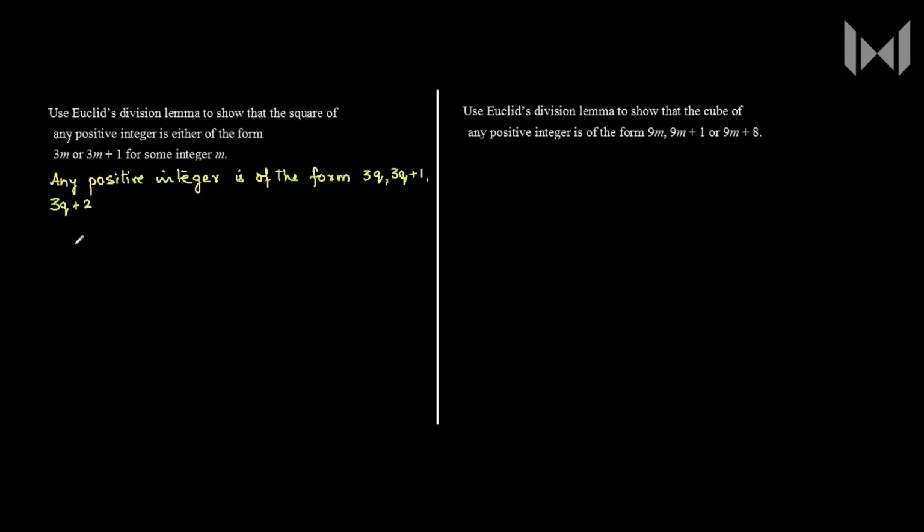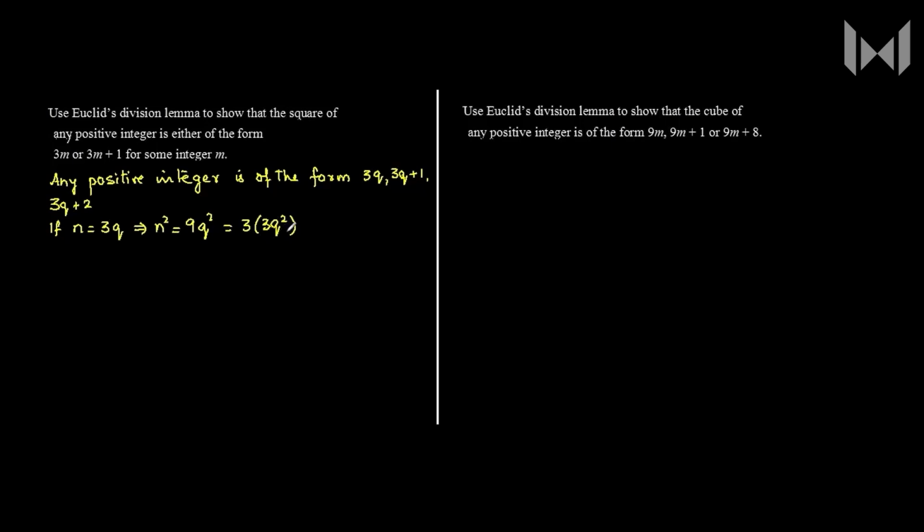Now over here it says the square, so if n is equal to 3q, that implies n squared is equal to 9q squared, which can be written as 3 times 3q squared.